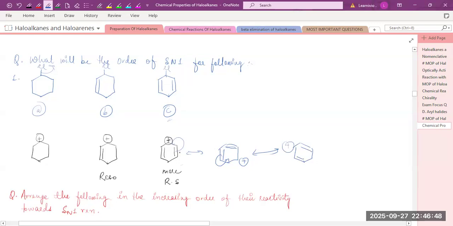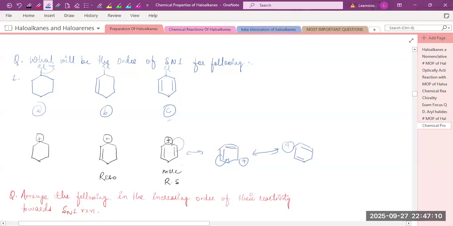So here, due to the two pi bonds, two pi electrons, there will be more resonance, and more resonating structures. But in this case, due to the presence of only one pi bond, there is less resonance.